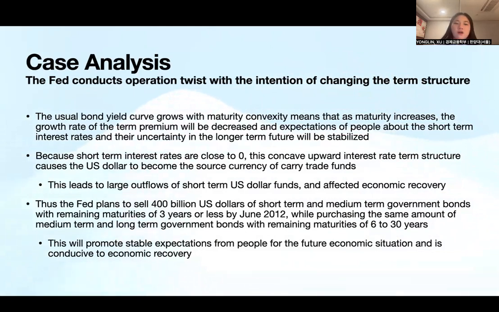It caused the yield curve of U.S. government bonds to become concave upward. And this caused the U.S. dollar to become the source currency of carry trade funds, which means borrowing U.S. dollars at zero or even lower interest rates and exchanging them into currencies of other countries which have higher interest rates.